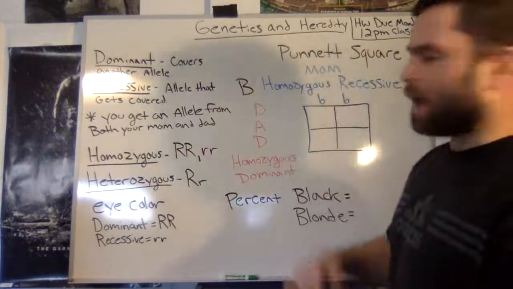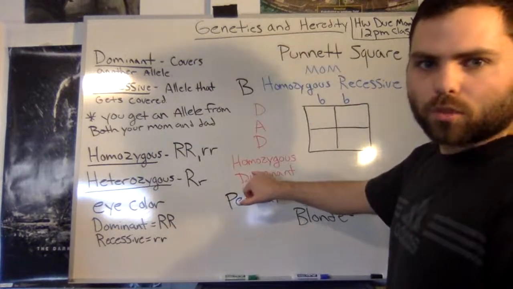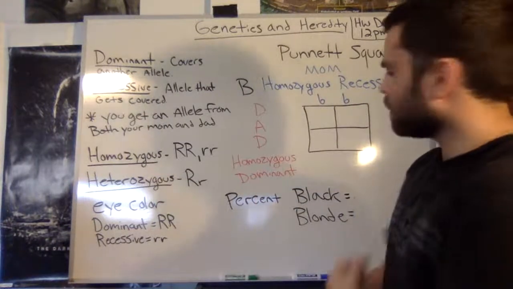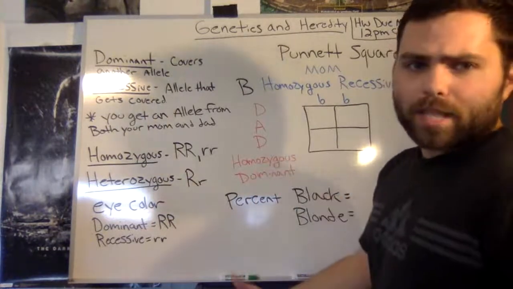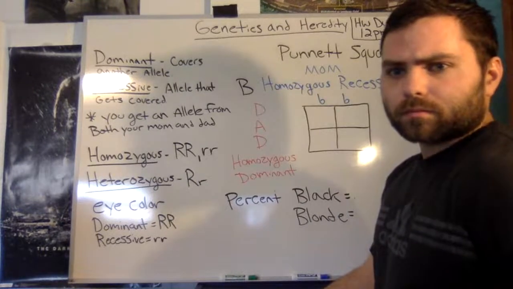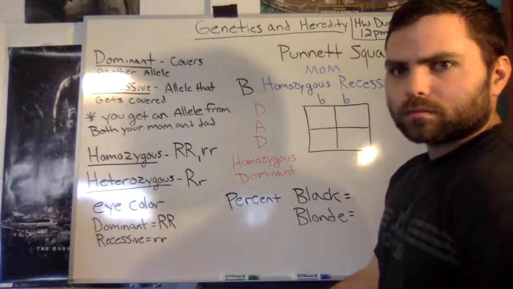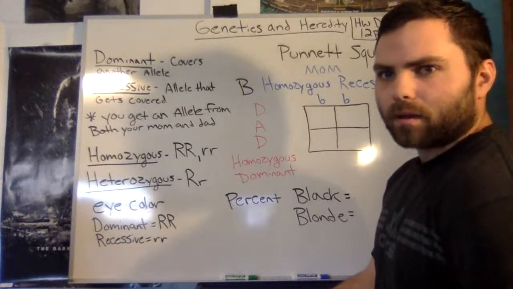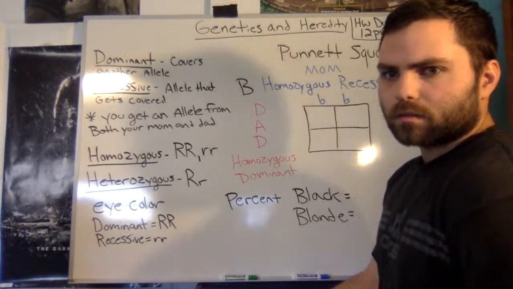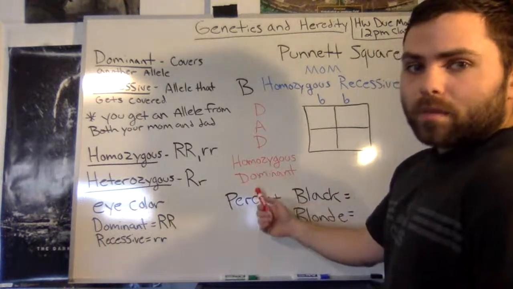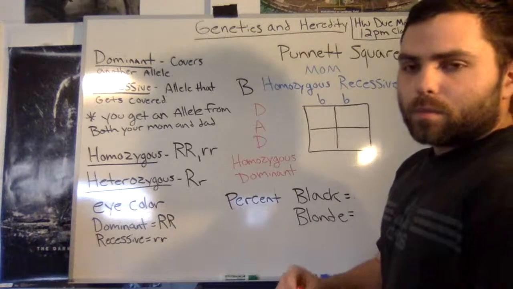So now we're going to go to dad. We're also saying he is homozygous and dominant, okay? So homozygous, is that going to be same or different? I think there's a little bit of a lag on the chat, but that's okay. All right, so homozygous same and dominant, it's got to be both the same letter.